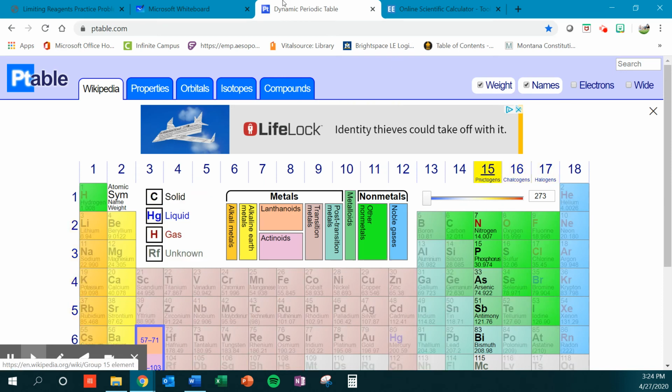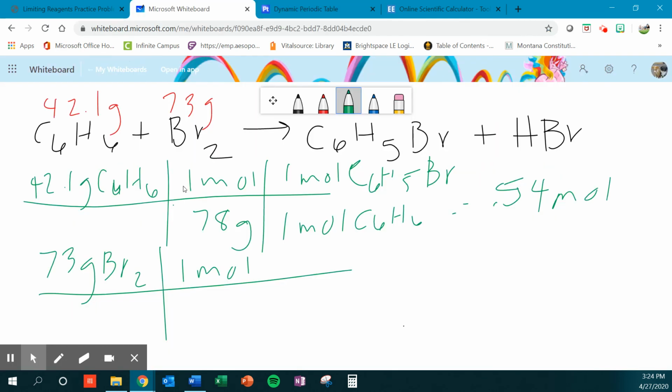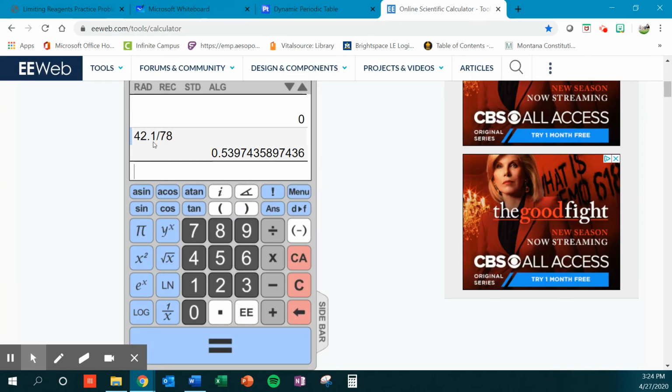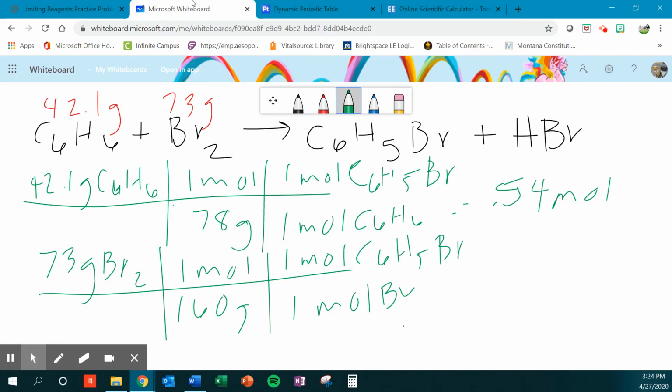Bromine is 80 if you round it, so it would be 160 for bromine gas because it's Br2. And again, we know that we're in a 1 mole C6H5Br to 1 mole Br2 ratio. And so we would take 73 divided by 160. And it's 0.46, we'll say.